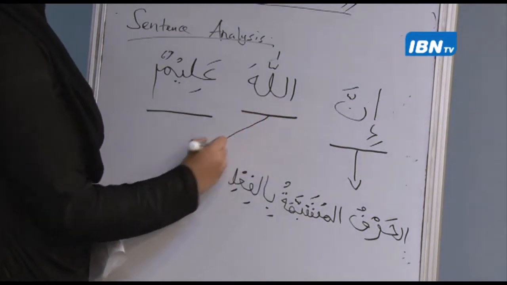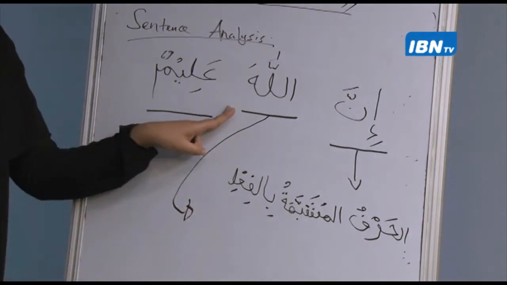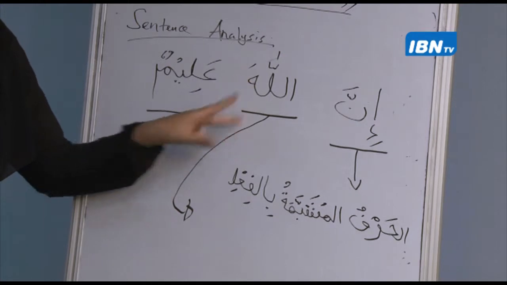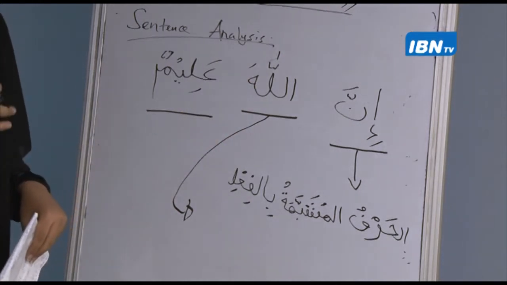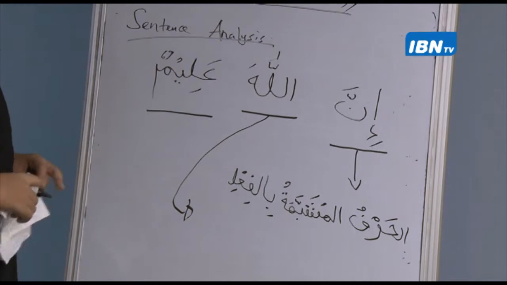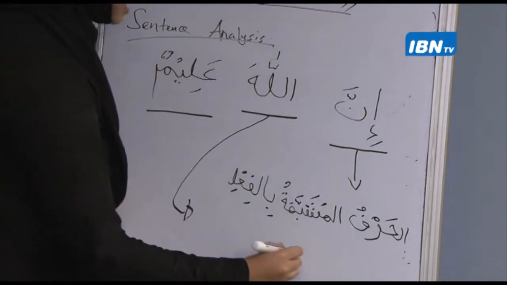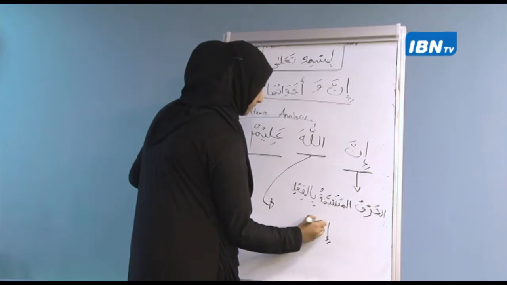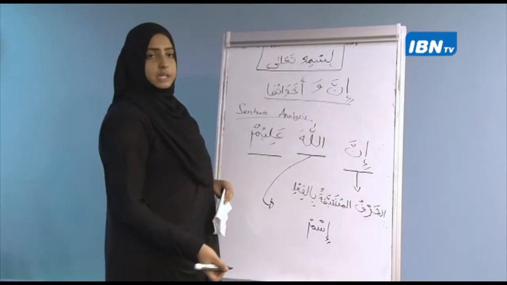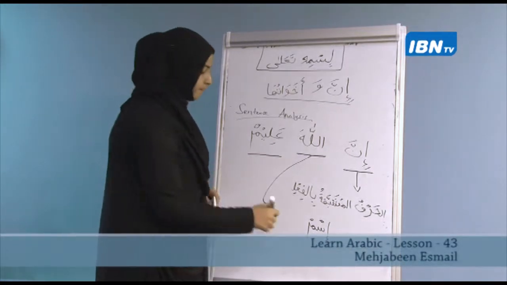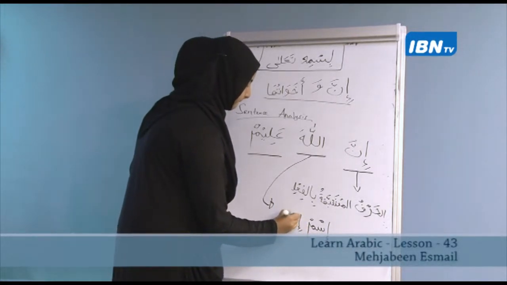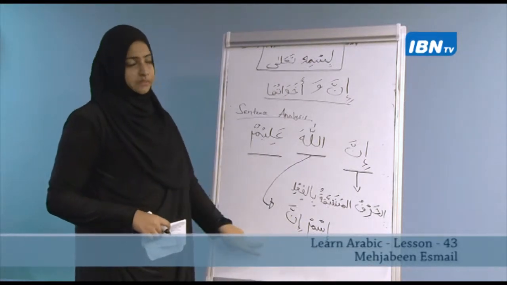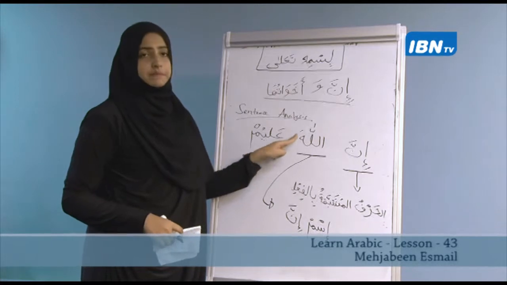Then we go to Allah. Allah is the subject of the sentence. Allah is the mubtada, or I can say it is the ism of the sentence. So here I will write, this is ism Inna, meaning this is the subject of Inna, because it comes after Inna.